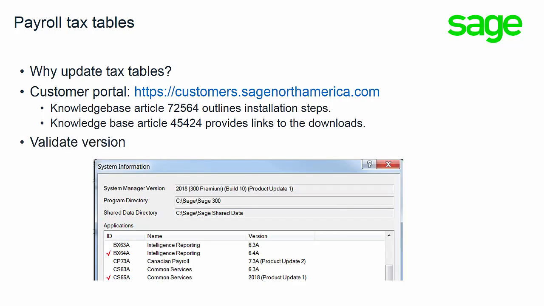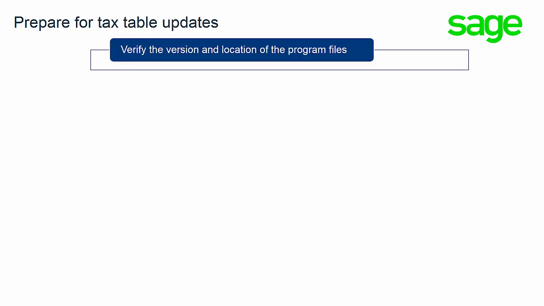Before you download the update, you'll need to validate the version of the software that you're running to make sure that you get the right download. So we're going to follow this process today of preparing for and installing the tax table updates. First of all, we need to verify the version and location of the program files for Sage 300.